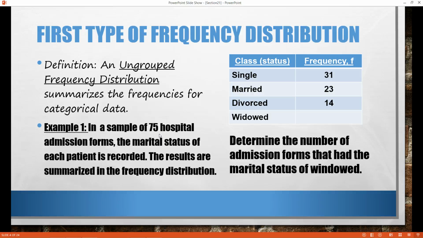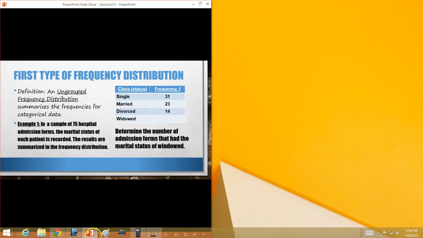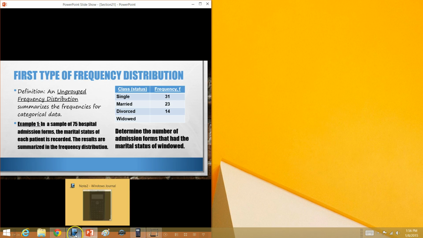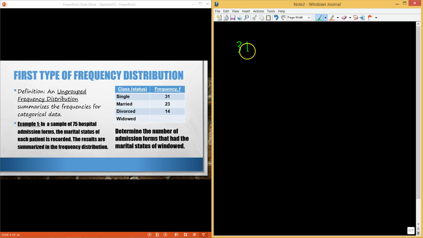Let me first grab a piece of paper here so we can write some things down. So think of what we know here. Let's let F be the unknown frequency. So we know if we take 31 plus 23 plus 14 plus our unknown frequency for the widowed people, that's F, what do we get there?